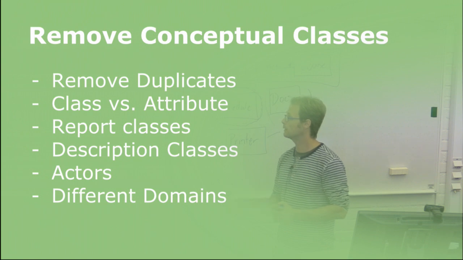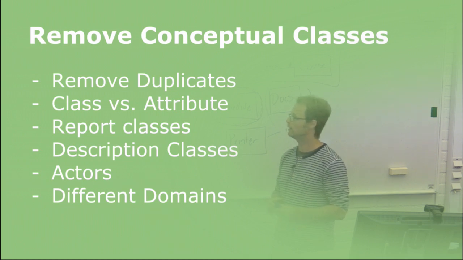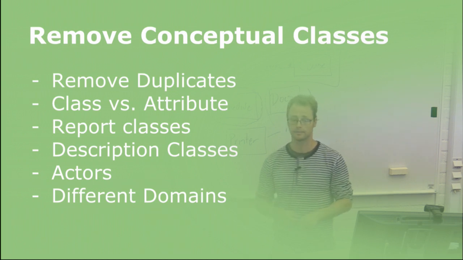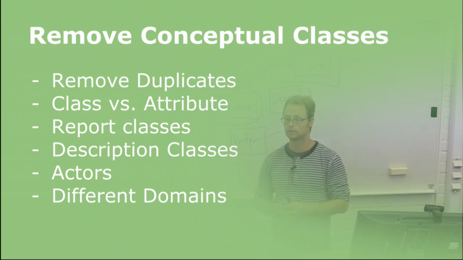For price, for example, we could imagine that, sure, we tend to see price as a number in Swedish crowns, but maybe you need to handle different types of currencies. Then price suddenly becomes something more complicated. Maybe you need to handle price as something that can vary over time.